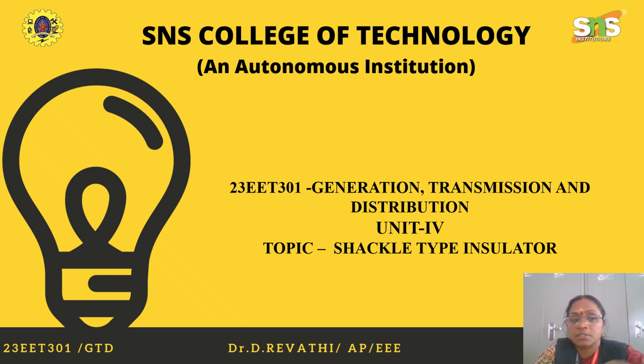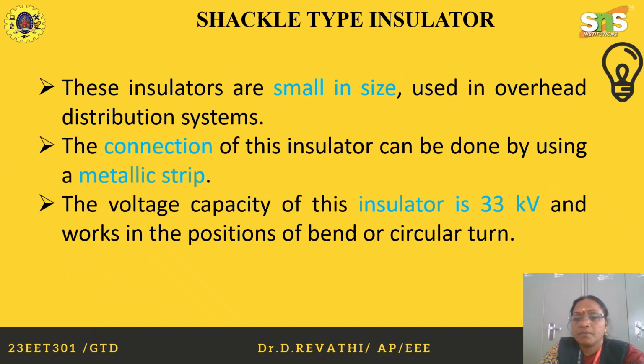Shackle type insulators are used in the transmission line. They play a very essential role in transmission line to allow surplus electrical current to flow towards the earth from the conductor. This is an essential device in the power system, due to high resistance, we are using shackle insulator, or nowadays we call it a strain insulator. Let's see.